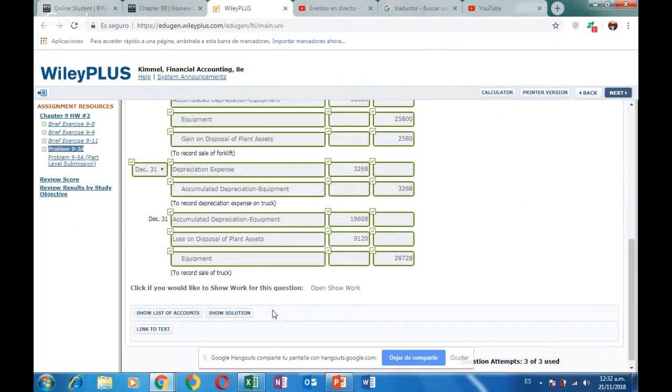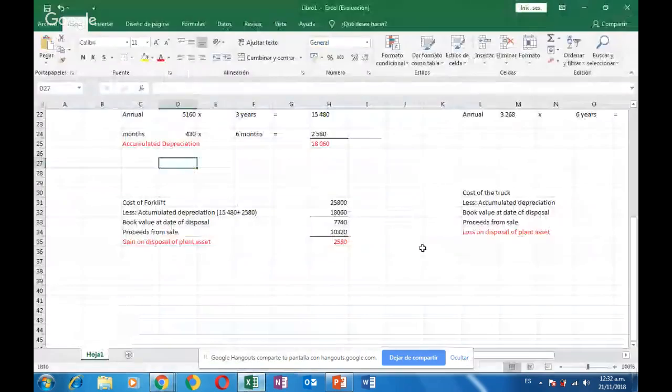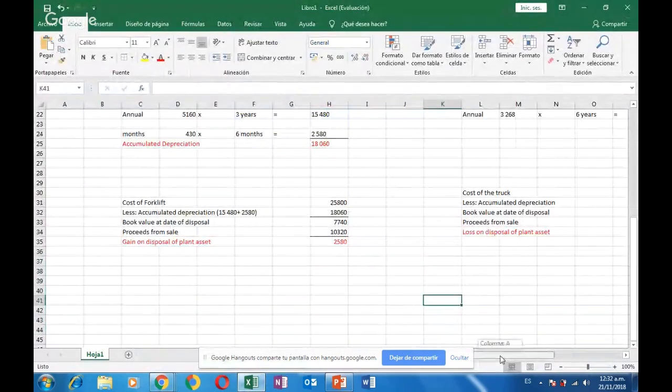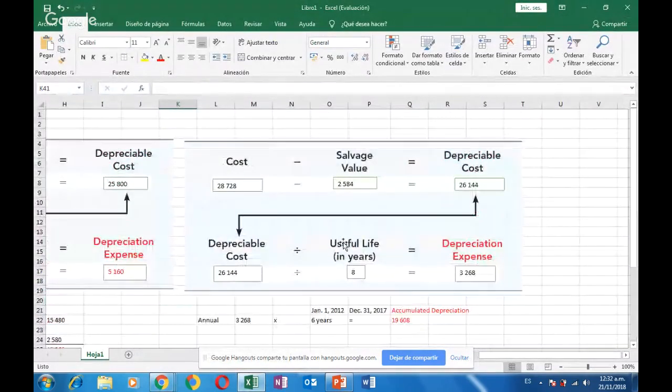So we will debit depreciation expense, and we will credit accumulated depreciation, equipment. In this case, I have this operation in Excel: the cost of the equipment minus salvage value divided by the useful life in years, which gives us the annual depreciation expense.